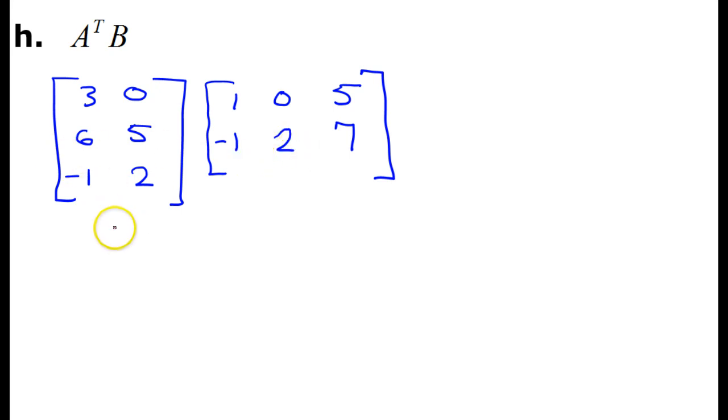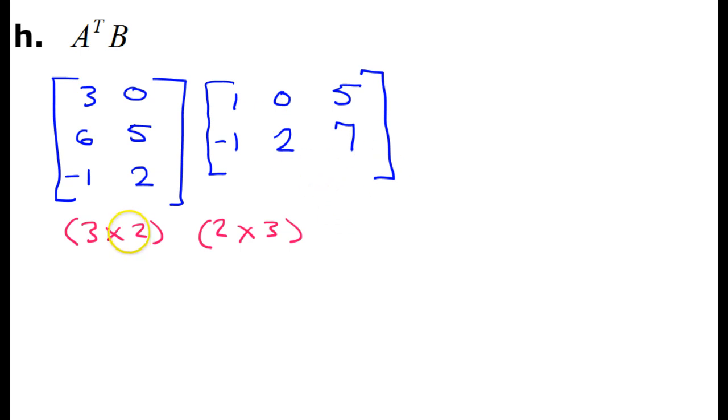First of all, let's do our dimension analysis and make sure that this is going to work out. So the dimensions of A transpose are 3 by 2, because 3 rows, 2 columns. The dimensions of matrix B are 2 by 3. That's 2 rows, 3 columns.